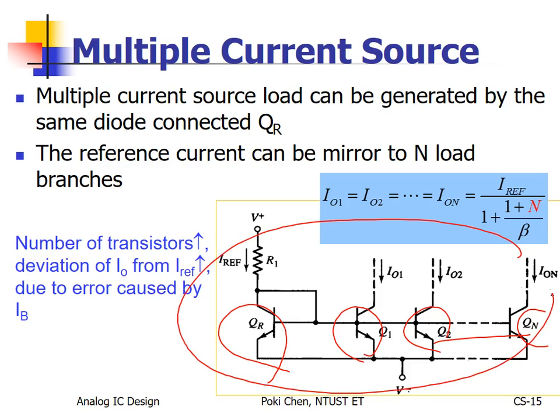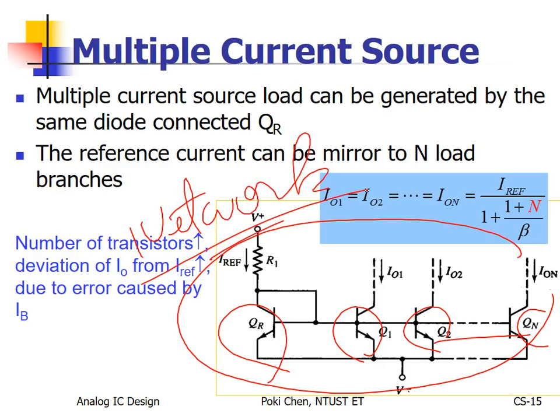We call it a bias network. It means what? A bias network means a sub-circuit to help you generate all the bias currents or bias voltages you require for the whole chip. Usually we call it a bias network. But this is some kind of common terminology.